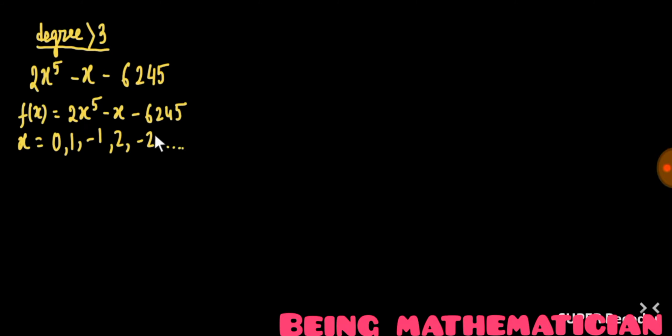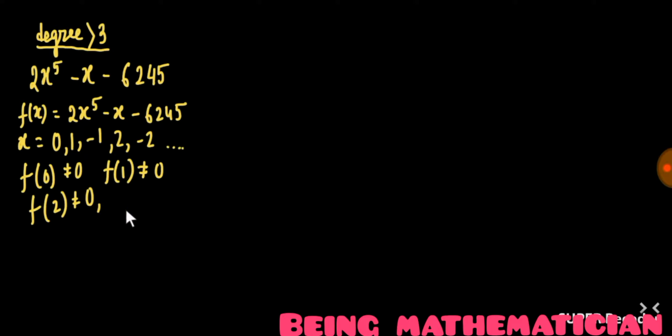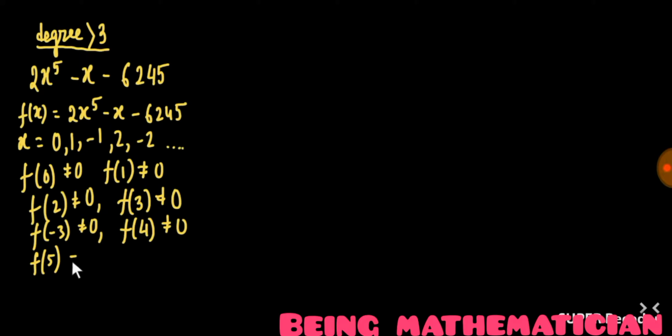So f of 0 is not equal to 0, f of 1 is not equal to 0, f of 2 is not equal to 0, f of 3 is not equal to 0, f of minus 3 is not equal to 0, f of 4 is not equal to 0, and now f of 5 is equal to 2 into 5 to the power 5 minus 5 minus 6245.